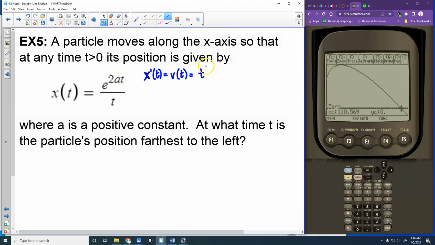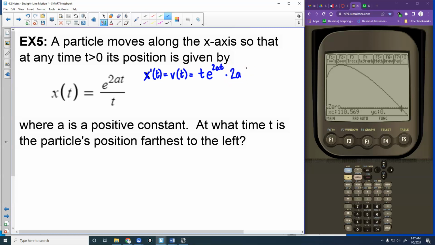So derivative of e to anything is itself, right? So this is going to be e to the 2at, but I've got to multiply by the derivative of that exponent. What is the derivative of 2at? Because a is a number, we just don't know what number it is. It is a variable, but we know that it represents a number, so we're going to call that 2a.